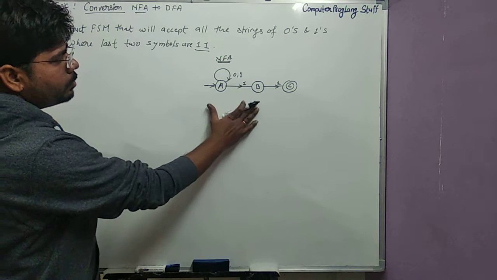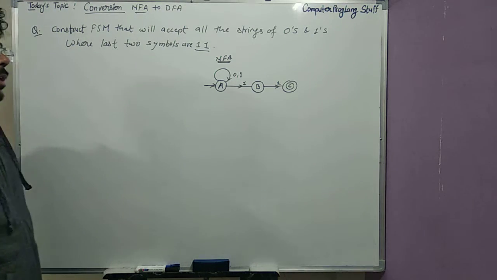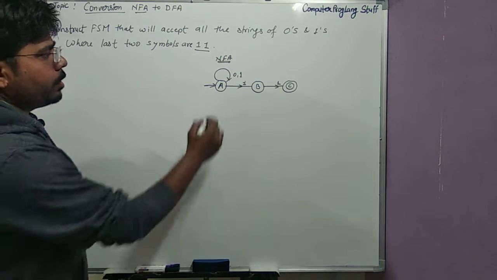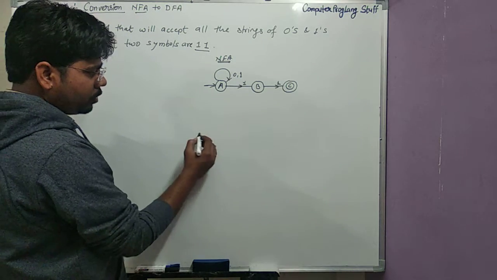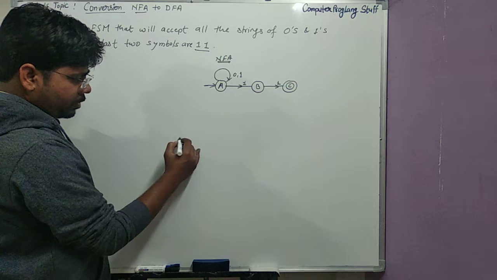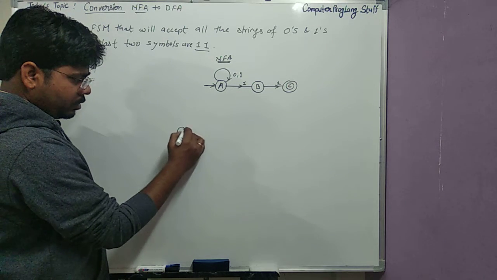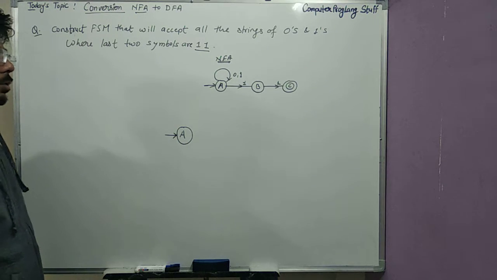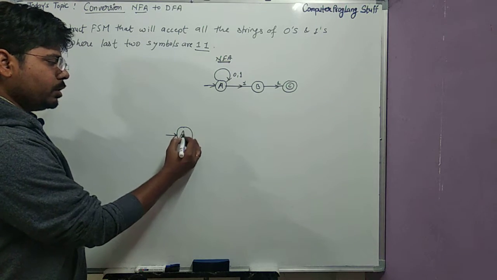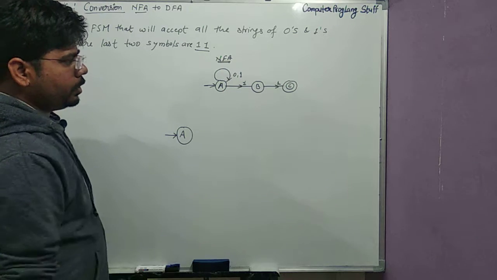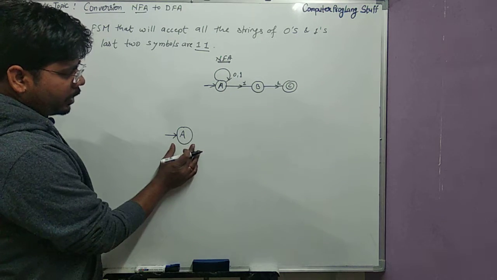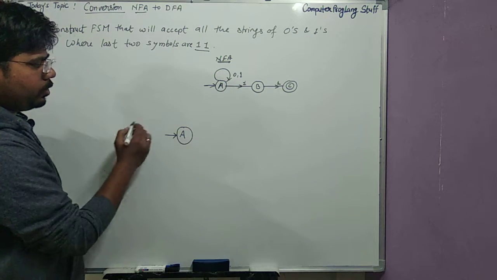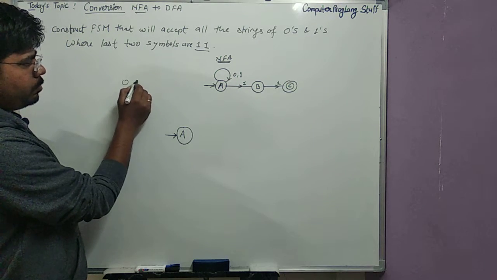So how we can convert this NFA to DFA is a very simple procedure. First draw the initial state like this. Now just look at this machine from state A. There are two input symbols, 0 and 1.